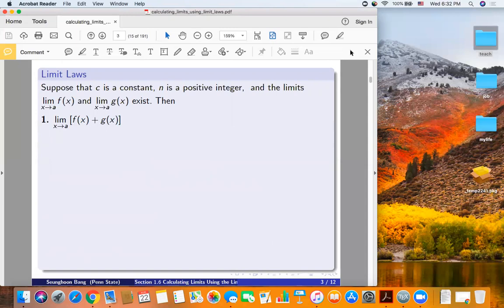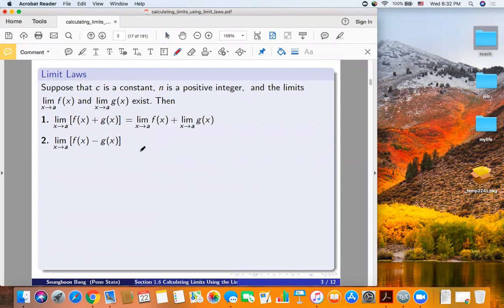The first law: the limit of f of x plus g of x is the same as the limit of f of x as x approaches a plus the limit of g of x as x approaches a. So what does it mean? You can distribute the limit to the first and second one. This is possible.